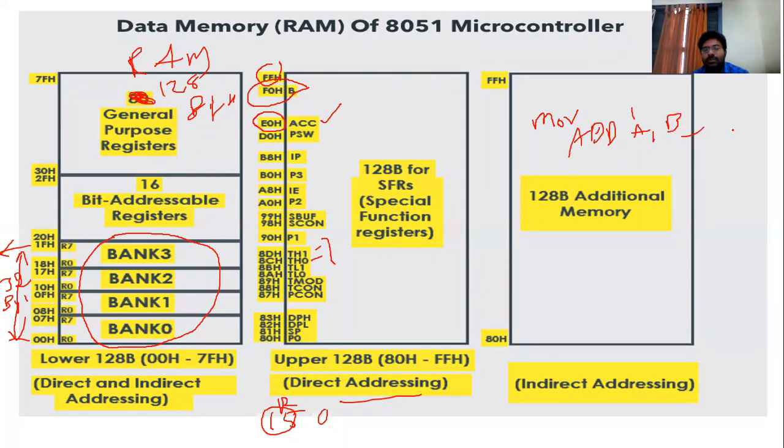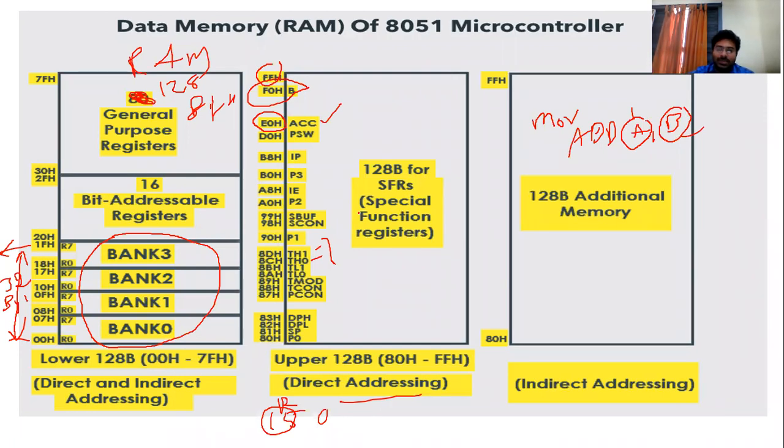You know that very well. I am not mentioning the addresses of these registers in the code because they are already available within the microcontroller. Since these registers are available in the microcontroller, you need not specify the addresses or codes for them.